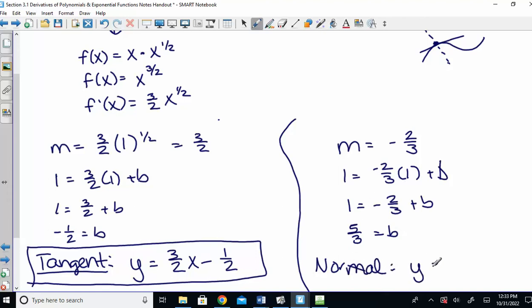So the normal line is y equals negative 2/3 x plus 5/3.